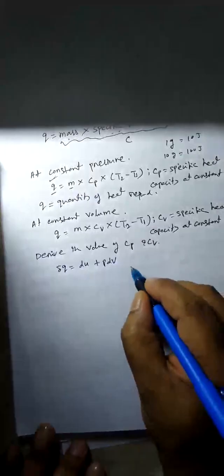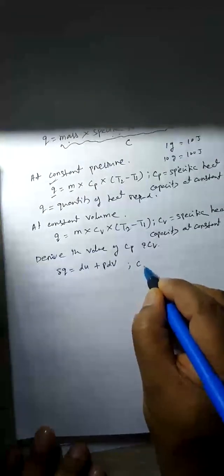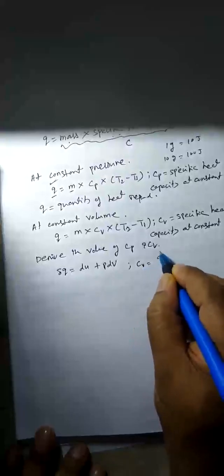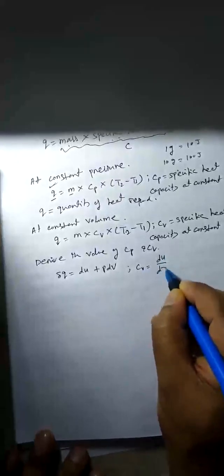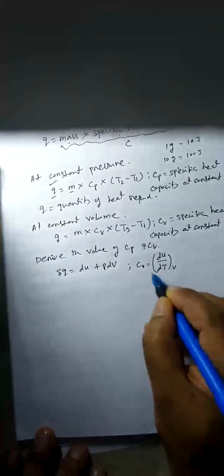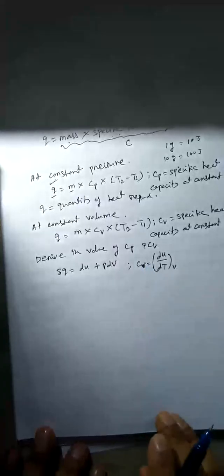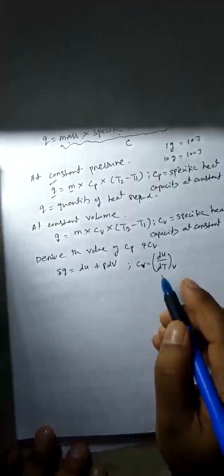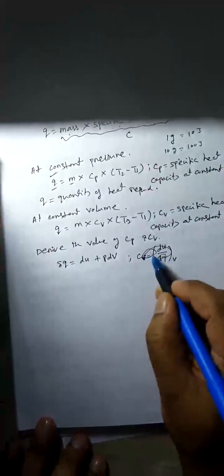We know that at constant volume, Cv is equal to dU by dT, which we have to derive.